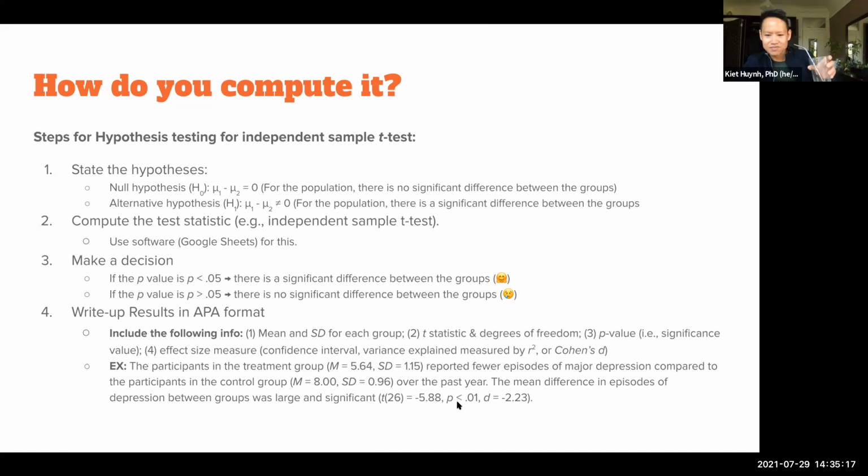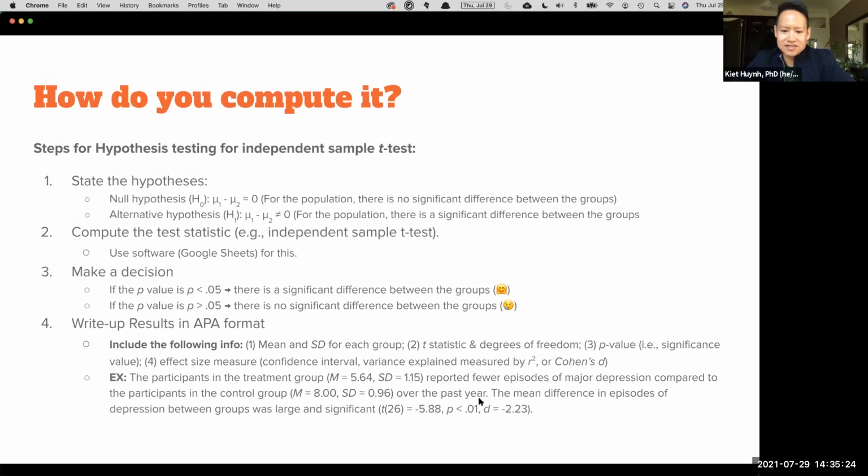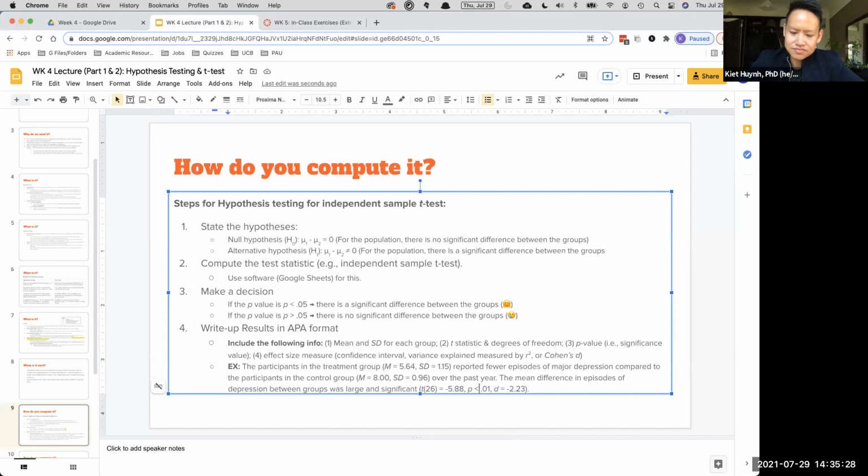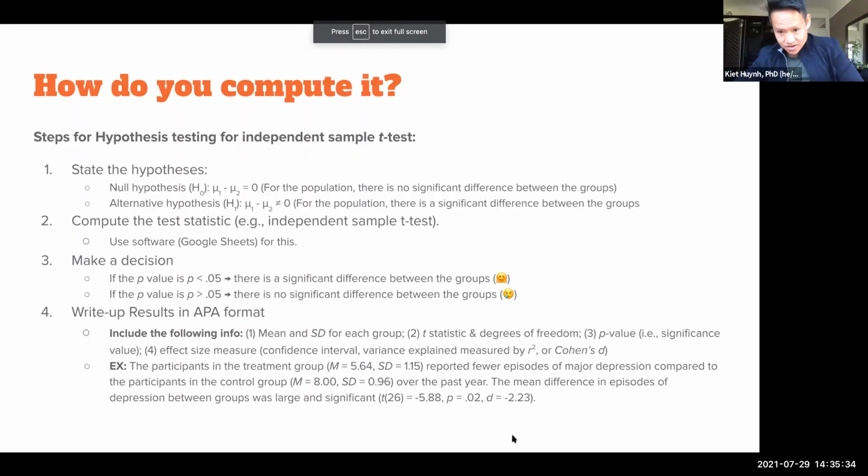You see here, p less than 0.01. Usually you would say the specific p-value. Yeah, p equals 0.01 or 0.02 or whatever. Okay. And you see, because 0.02 is less than 0.05, you could say this finding was significant.